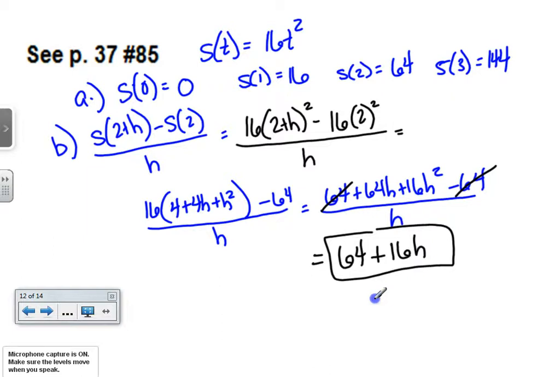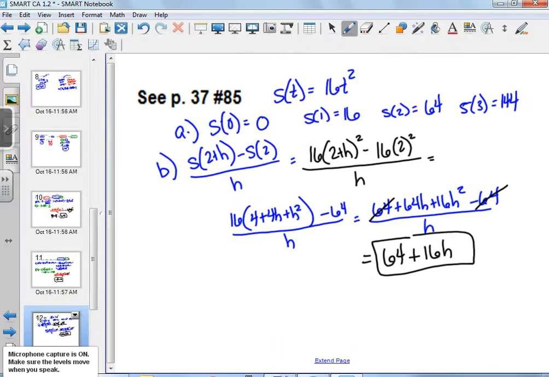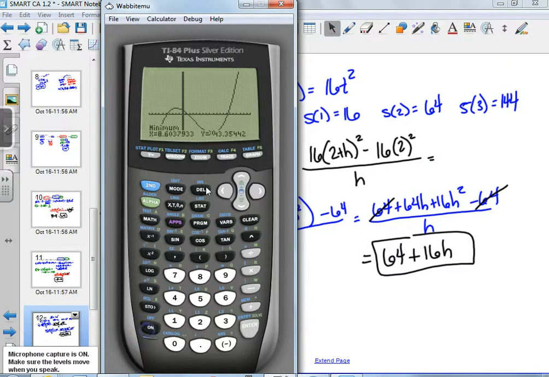Evaluate the expression for h of positive and negative 1, positive and negative 0.1, positive and negative 0.01. So basically we're plugging in numbers that get smaller and smaller and smaller. I'm going to do this on the calculator because I surely don't want to do this in my head. So going to my calculator, I'm going to program it with my new 64 plus 16, instead of h, we're going to use x.